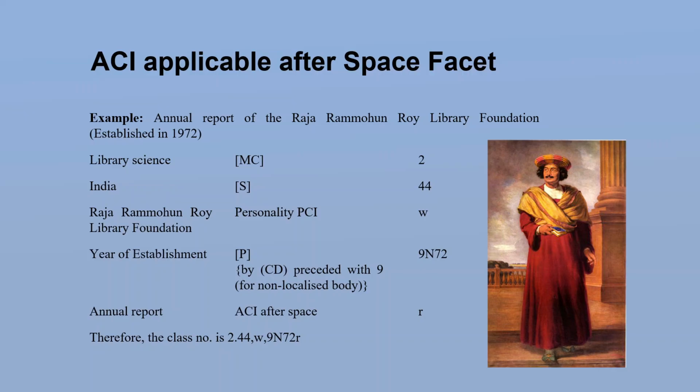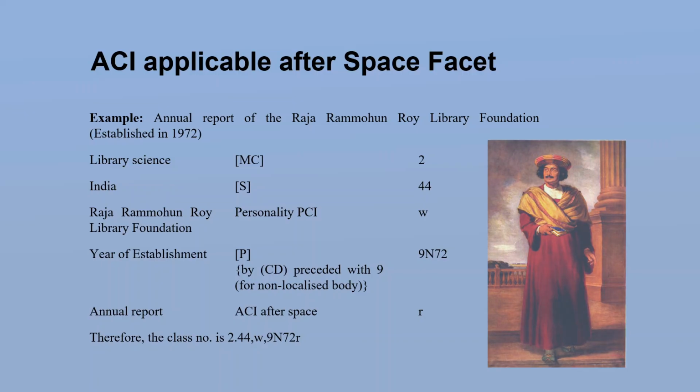Therefore, the class number will be 2.44 comma W comma 9N72, then small r. Here both the ACI and PCI are used simultaneously for the same subject.